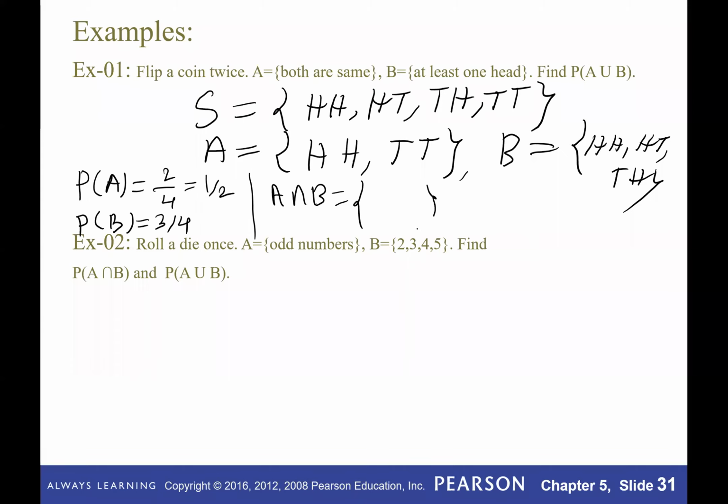Anyone? So what are the elements in A intersection B, or A and B? Anyone?